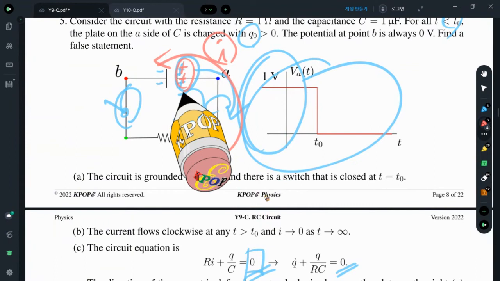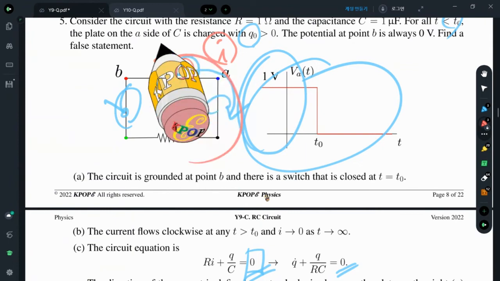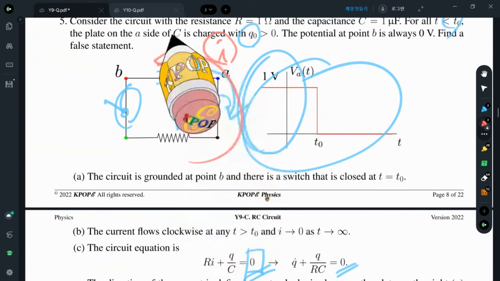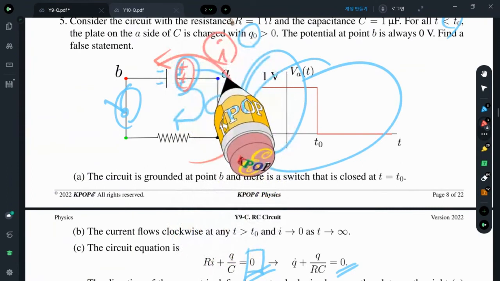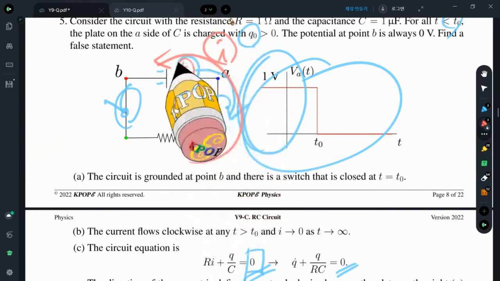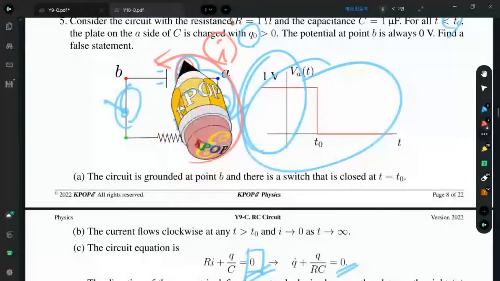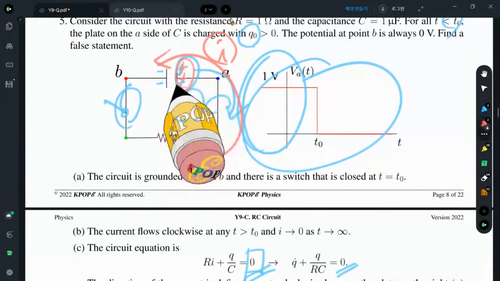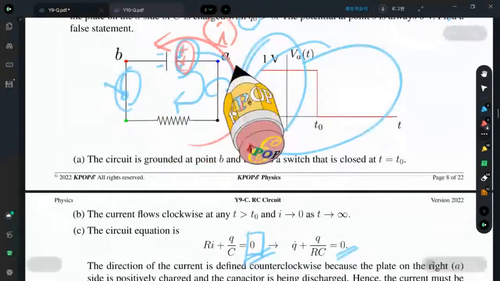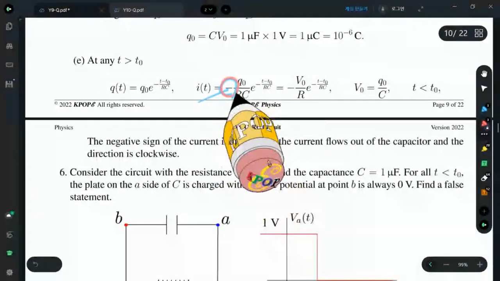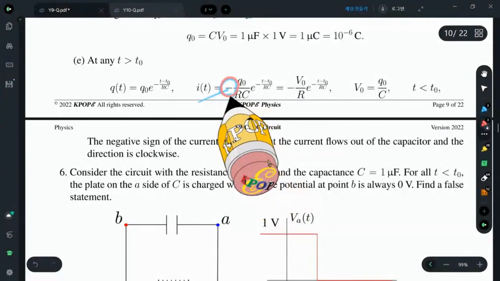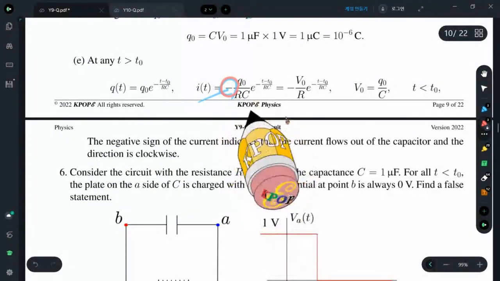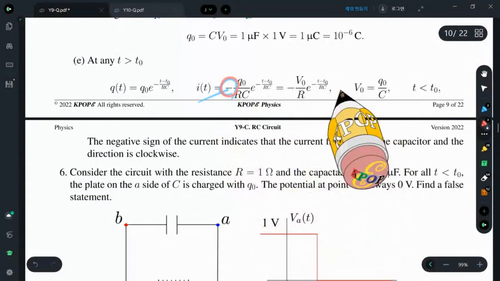But the definition of current is always chosen when the charging process is happening, so our current direction is defined in such a manner that the positively charged plate is being charged. That's the reason why we have a negative sign on it. These are tricky, but you have to remember it, a very important physical sign. Left or right. Okay, after that, everything else is straightforward.